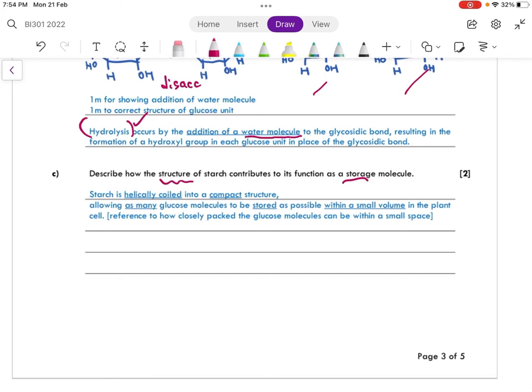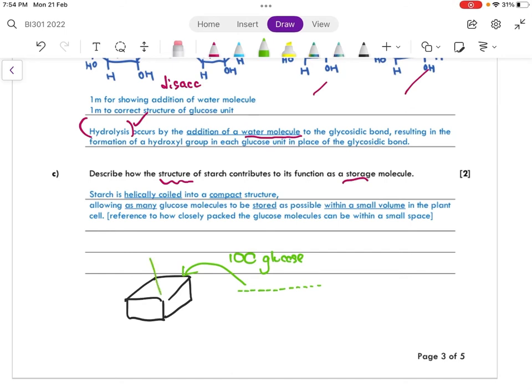Now, what does this mean? I give you an example. Let's say I have only this much volume of space, and let's say I have maybe 100 glucose molecules. If I were to join the glucose molecules one after another into a long chain, you'll find that it's very hard for me to pack these long chains into this volume of space.